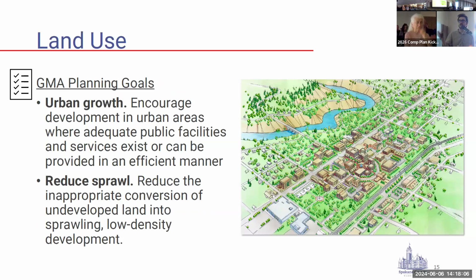And so land use sort of touches every GMA planning goal, but the direct ones here are urban growth and reducing sprawl. Like I said, we have to plan our land uses in a way that public facilities can adequately serve them or can be provided later in an efficient manner. But good land use policy is also extremely important for reducing that very low density sprawling development.